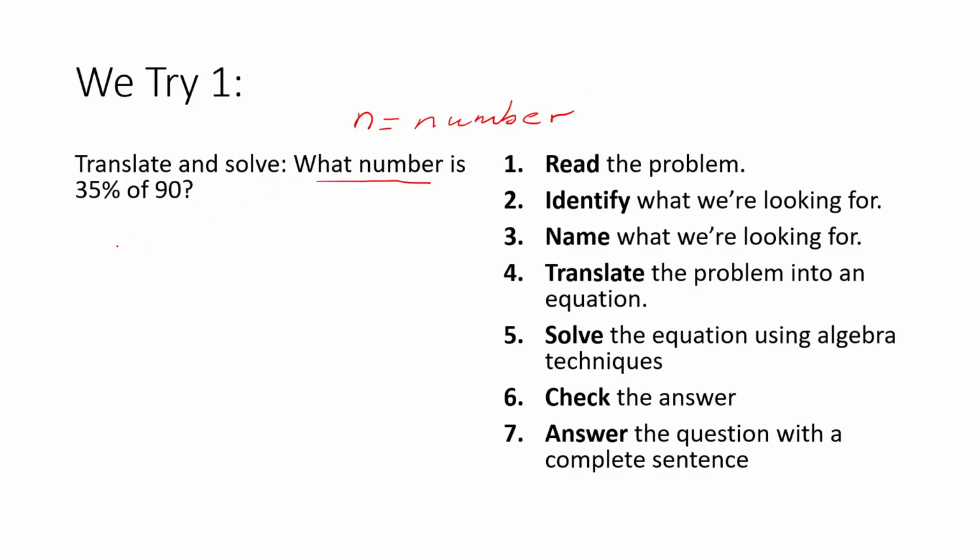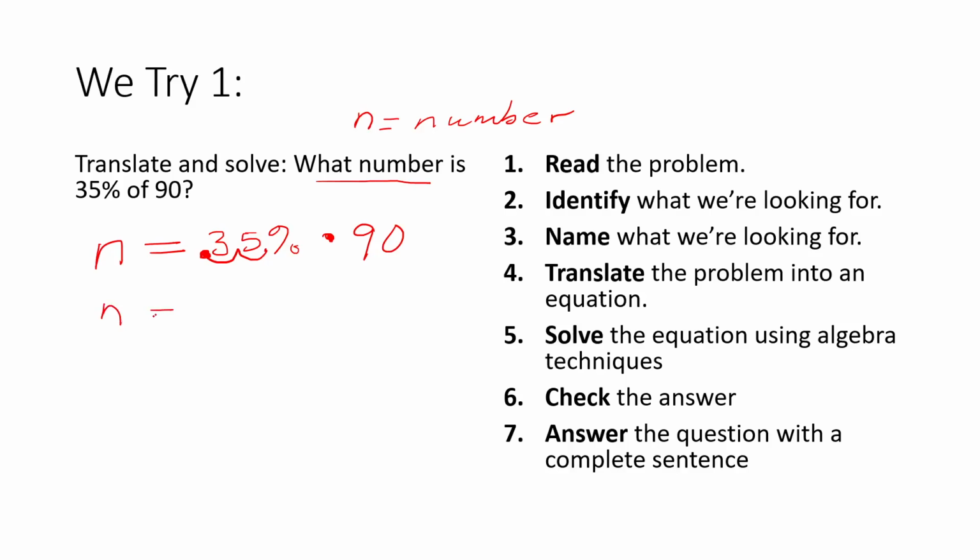Next, we've named what we're looking for, so let's translate it into an equation. What number is usually a giveaway for equals. 35%, of usually means times 90. Okay, 35%, I don't know how to multiply by percent. So I need to convert that to a decimal by moving the decimal point 2 places.